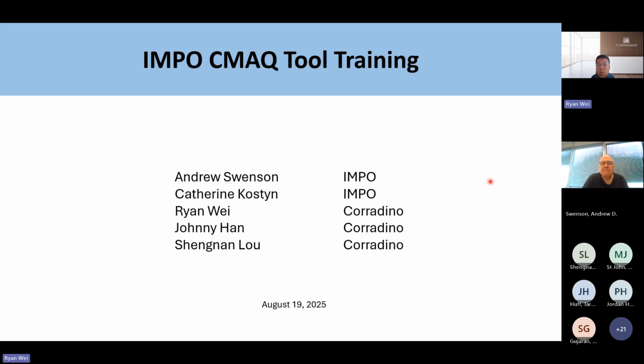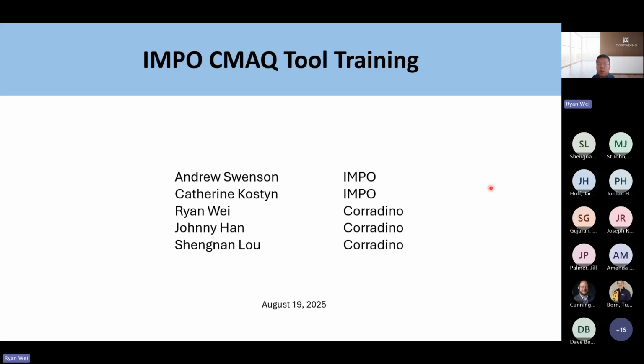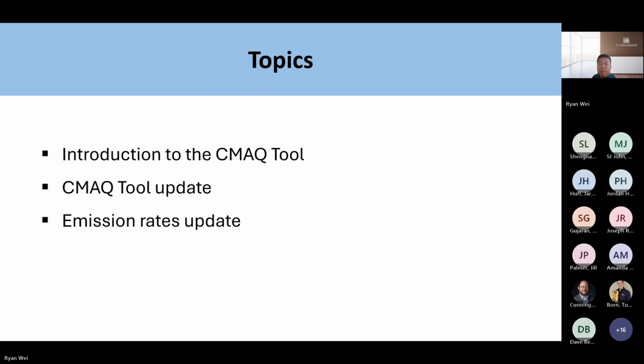Okay. So good morning, everyone. Thank you for joining. So this project is a collaboration between IMPO and the Corodino Group. Today, we will walk through the CMAQ tool, why it is important, and highlight the recent updates we've made together. So here is today's presentation agenda.